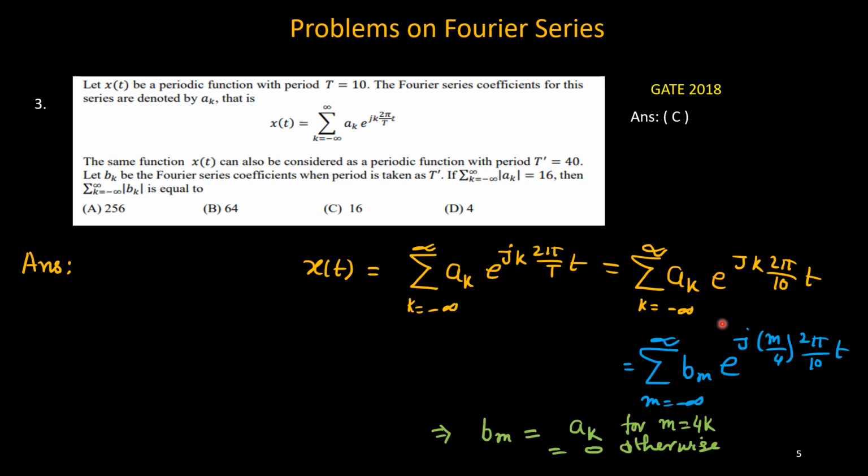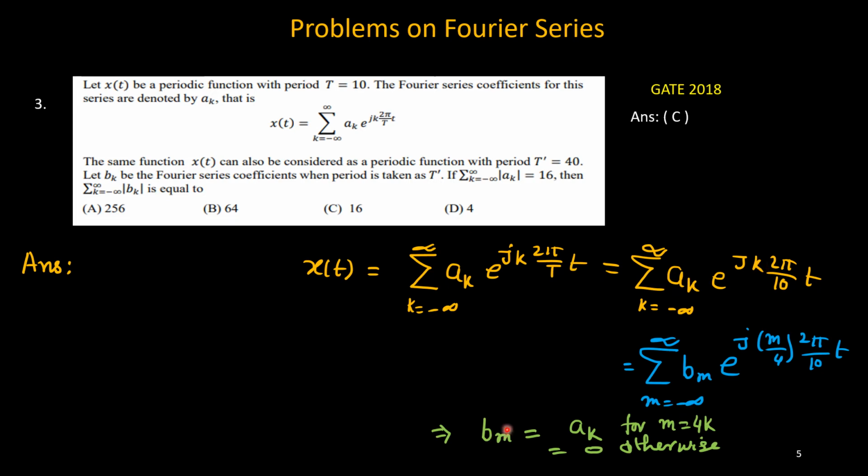Comparing these two, easily we can say that b_m is the same as a_k, where m by 4 equals k, meaning m equals 4k, and k is all integers from minus infinity to plus infinity.